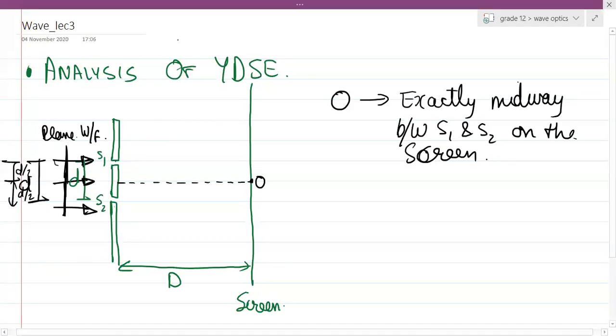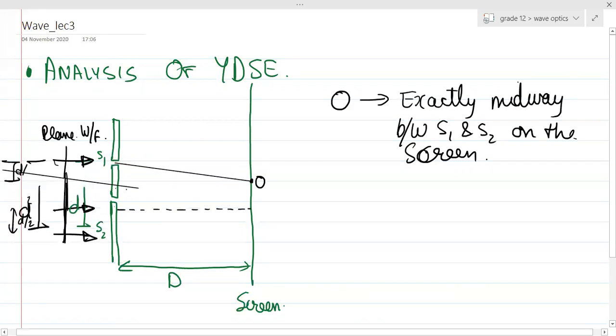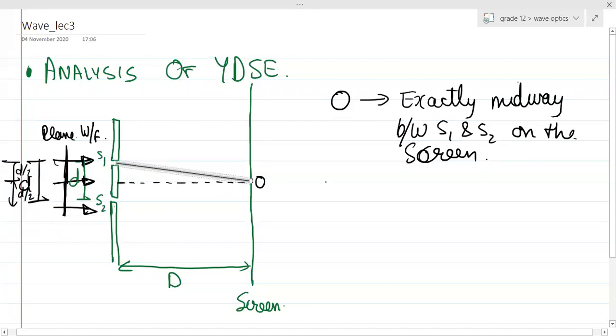If I have a wave which goes from S1 to point O, and I have another wave from S2.